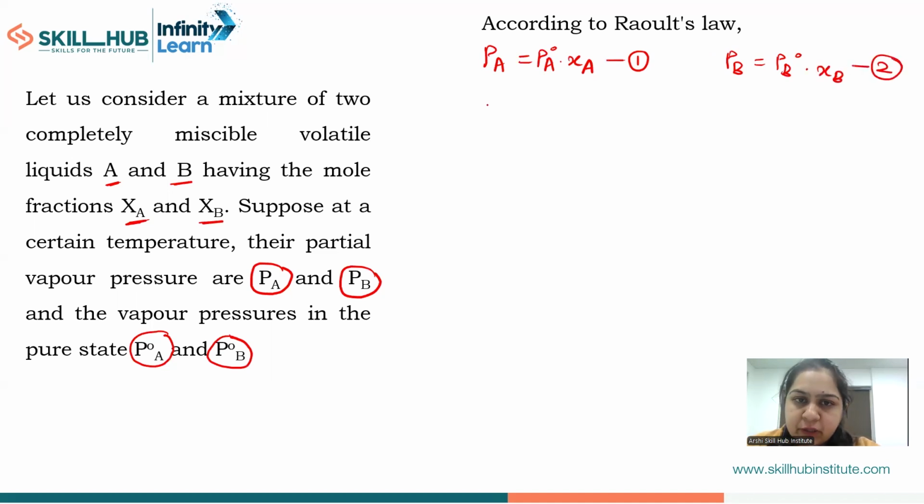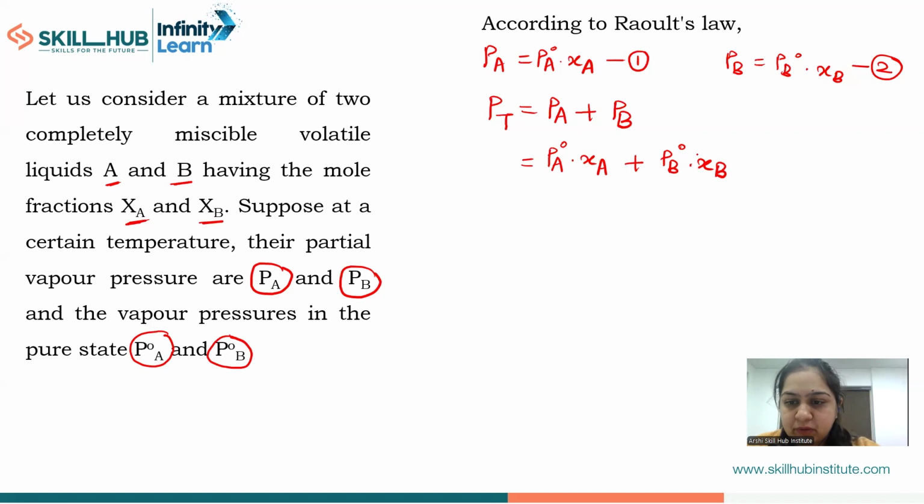We already know that the total vapor pressure generated by the solution is equal to the partial vapor pressure of A plus the partial vapor pressure of B. I'll substitute equation 1 and equation 2 in the equation of total vapor pressure, and that is going to be PA naught into XA plus PB naught into XB.